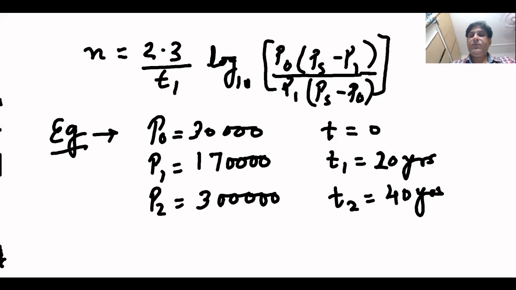So the population after next 20 years would be calculated by the logistic curve equation. What was the formula for saturation population?